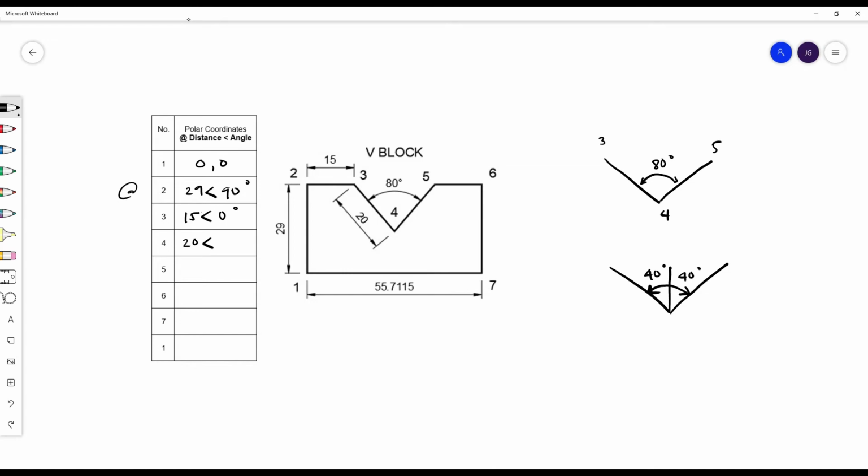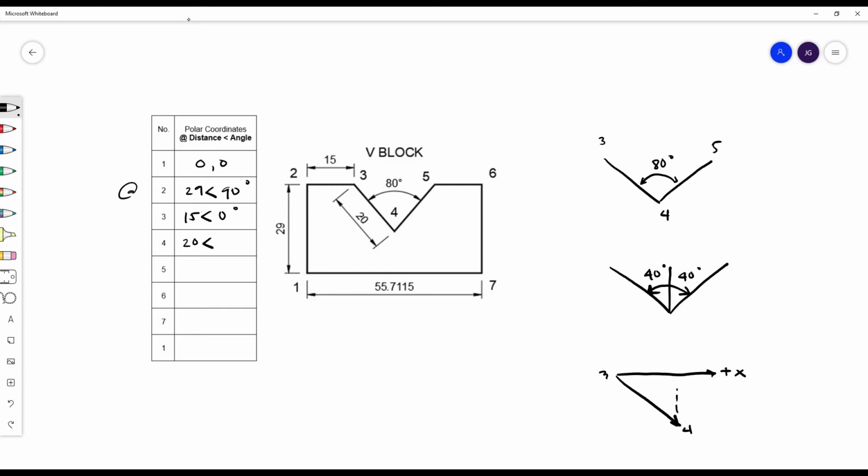And to get the angle from our fourth point, take note that our arrow is going towards the bottom. So this is our third and this is our fourth, and this is our positive x-axis.